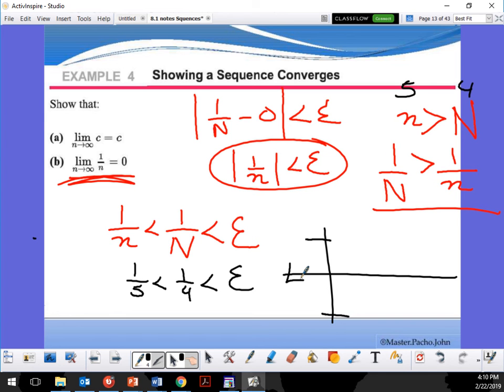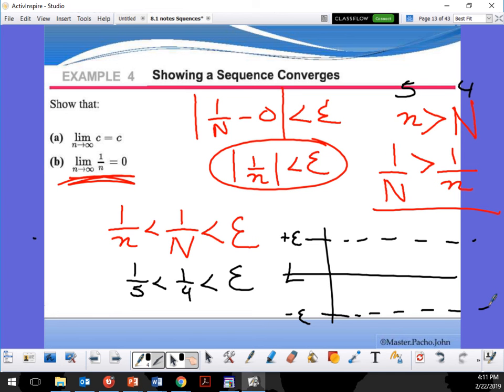I have this one, which is my minus epsilon, and I have my plus epsilon. So my dotted line here, everything in between there, it's going to be in between this. To get my epsilon somewhere in between there.